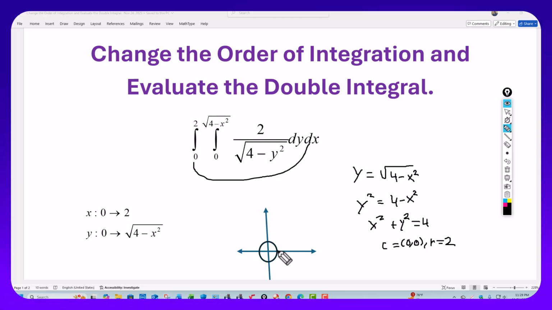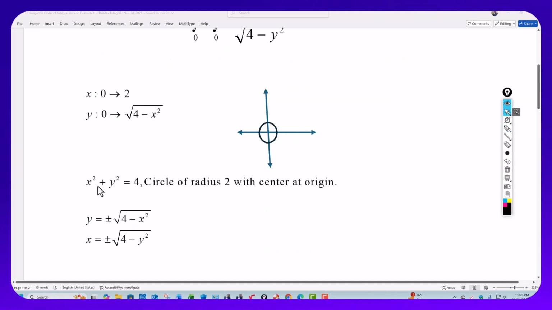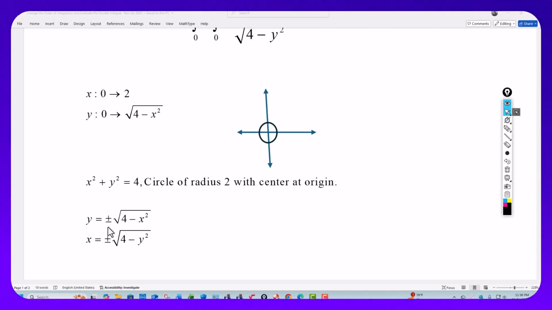So this would be the point 2, 0. Over here we have the point minus 2, 0. Up here it would be 0, 2. Down here it would be 0, minus 2, because the radius is 2. So this is what I just said: x squared plus y squared equal to 4, a circle of radius 2 with center at the origin. If I solve for y, I get y is equal to plus or minus the square root of 4 minus x squared.